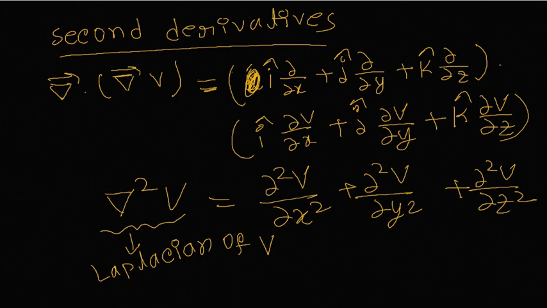Now let's take the second derivative of a curl, which is del cross grad. This is the curl of a gradient.